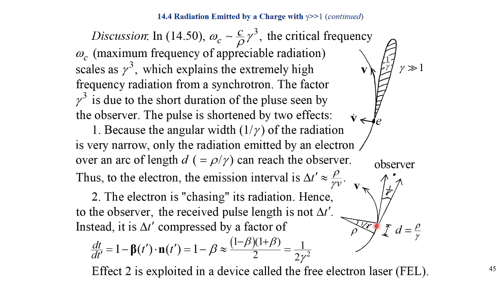Let's compress the pulse: delta t prime is compressed by a factor of 1 minus beta dot n, which equals 1 over 2 gamma squared. That is effect 2.